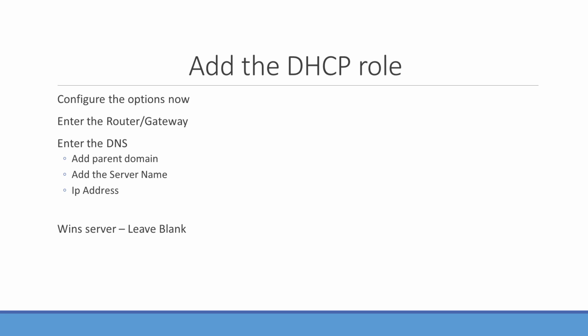I'm going to enter the DNS, which will be the parent domain, and the server name and the IP address. I showed you already how to do both of those earlier, and those are already pretty much configured for you. The WINS server I'm going to go ahead and leave blank. And now I'm going to switch over to my server and show you the rest of the options here.